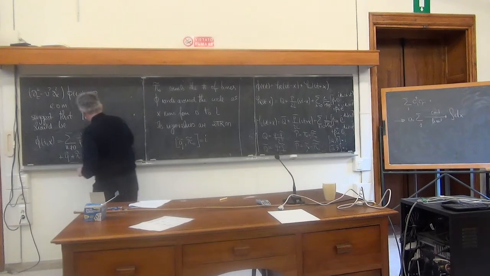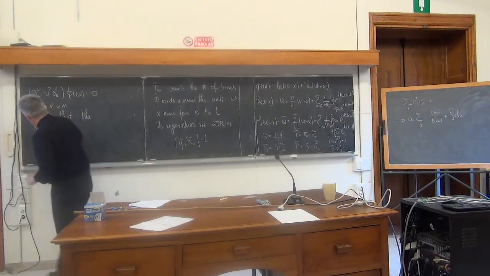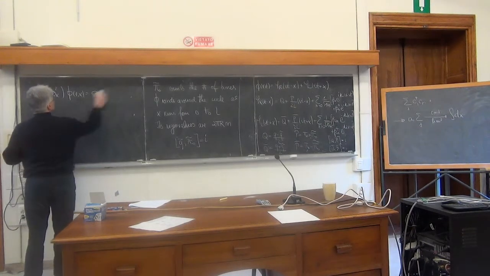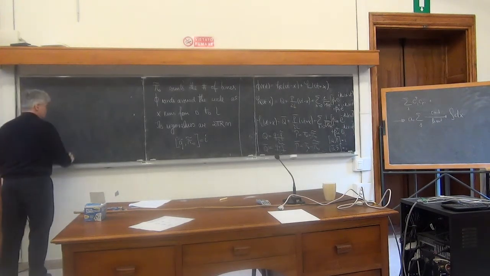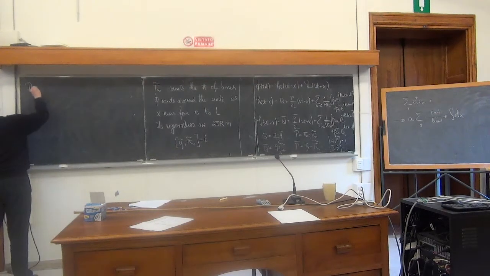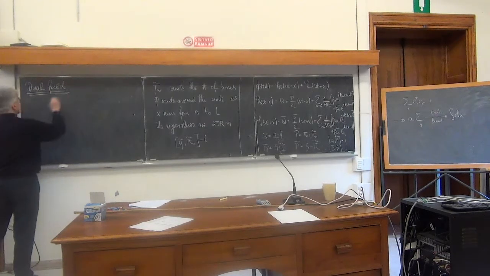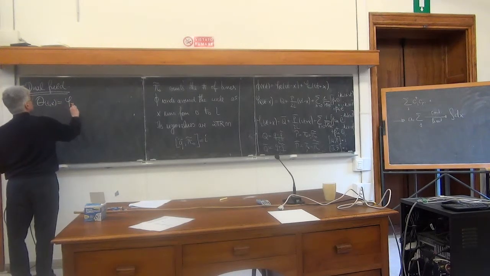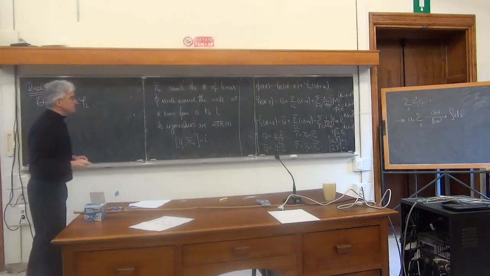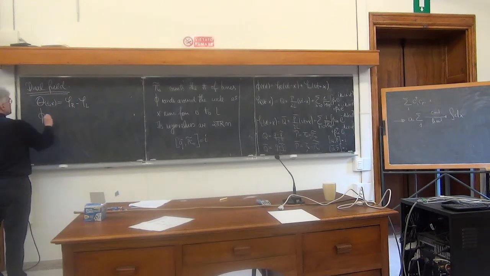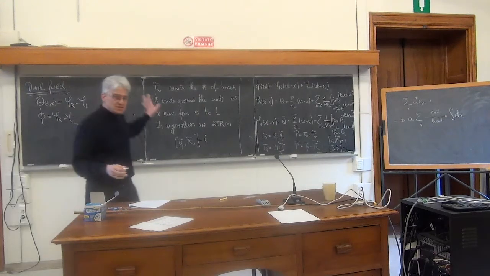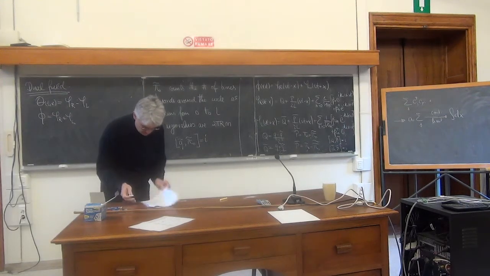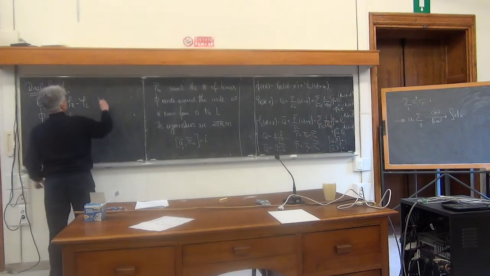Having in hand these chiral components, we can define the so-called dual field, which will be important later. This is defined as phi right minus phi left, as compared to the field itself, which was phi right plus phi left. That just defines this object, and this is called the dual field.